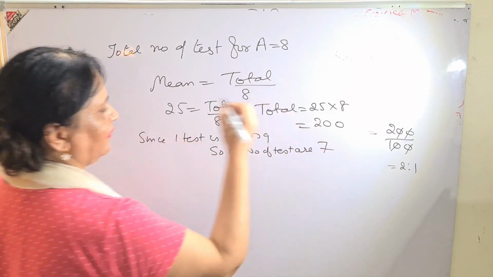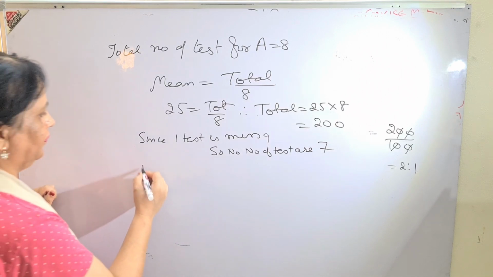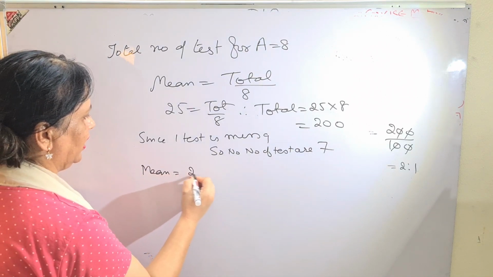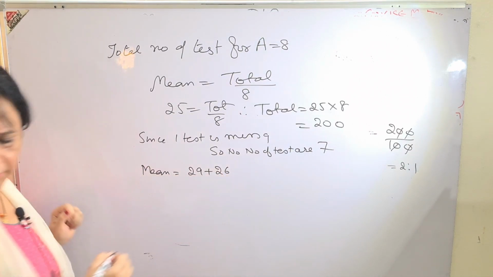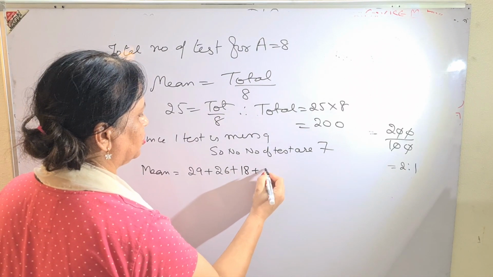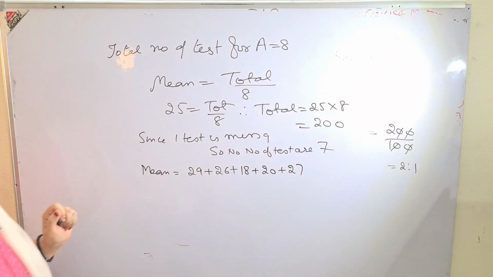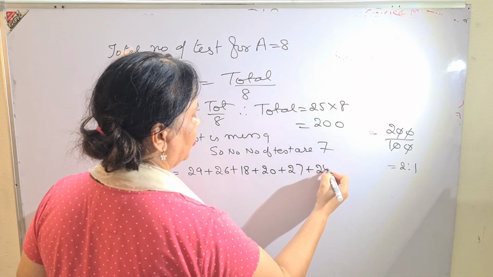8 minus 1, 7. And those 7 are 29 plus 26 plus 18 plus 20 plus 27 plus 24 plus 29.